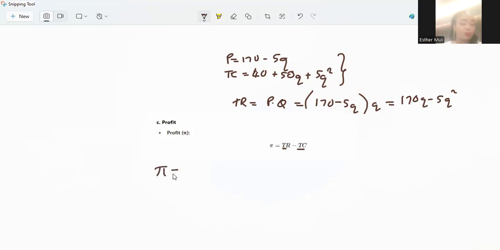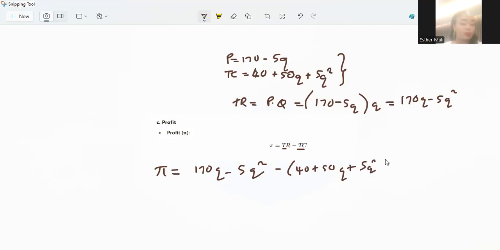So our profit function therefore will be what? 170Q minus 5Q squared. And our total cost will be 40 plus 50Q plus 5Q squared.